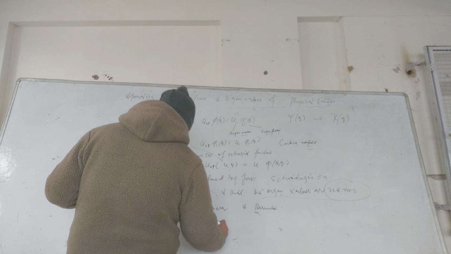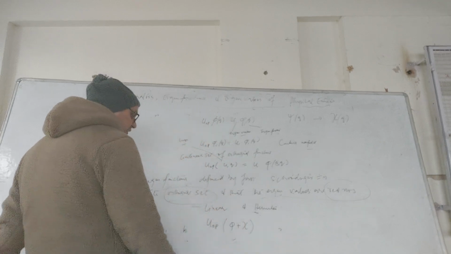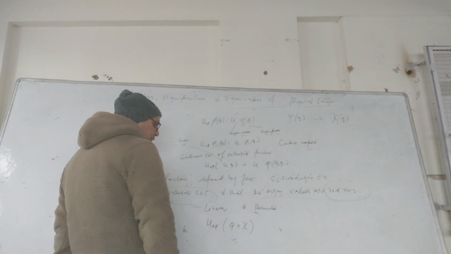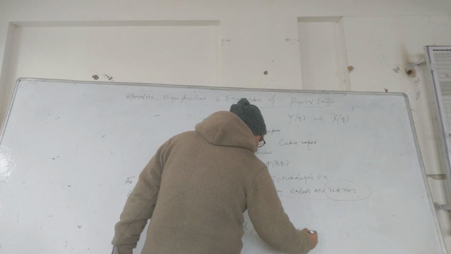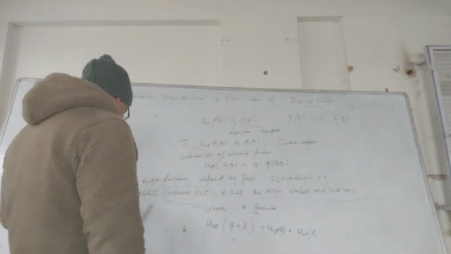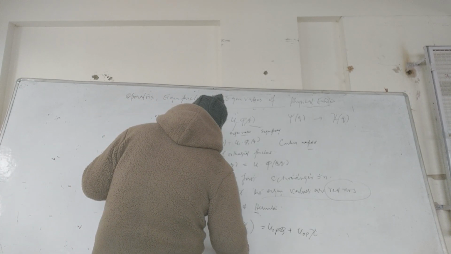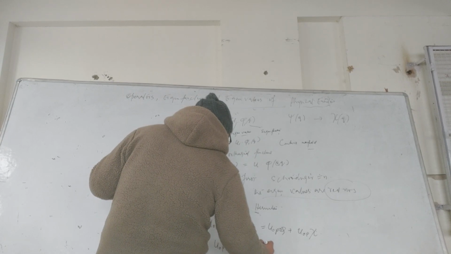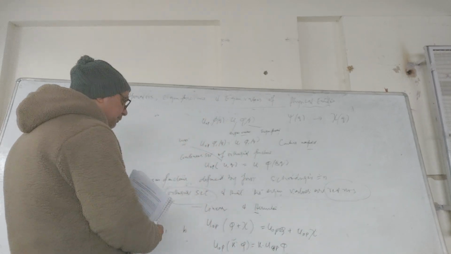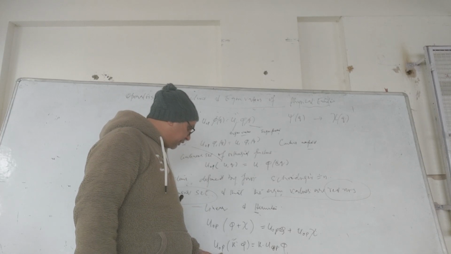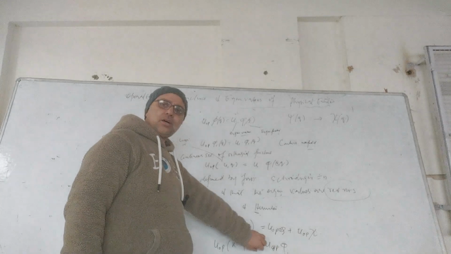An operator U can act on functions phi plus chi, and it satisfies this property: U operating individually on phi, and U individually operating on chi. Or if U operates on k times phi, it's k times U of phi. So the scalar k can be taken outside.